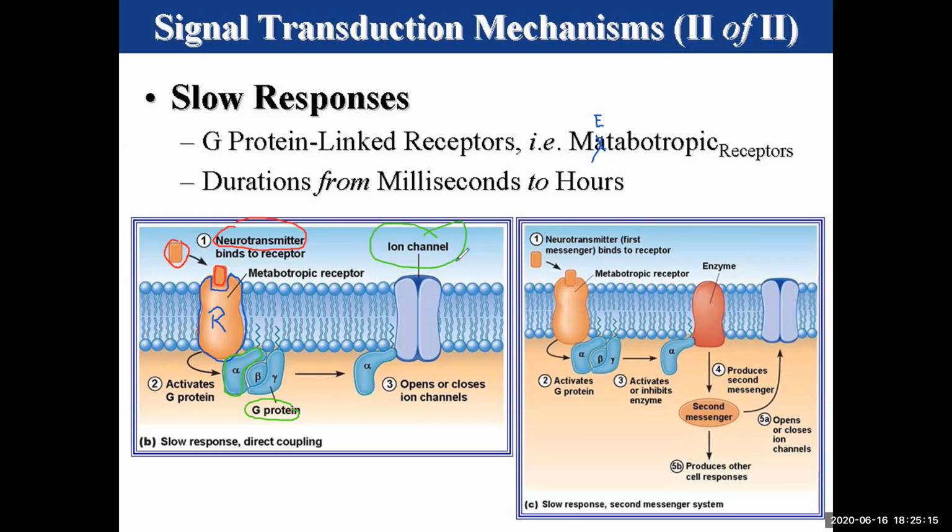So this ion channel has nothing to do with the G protein coupled receptor. So I keep saying coupled. When I say linked here, G protein linked receptor, it is also called coupled. Right? G protein coupled receptors.